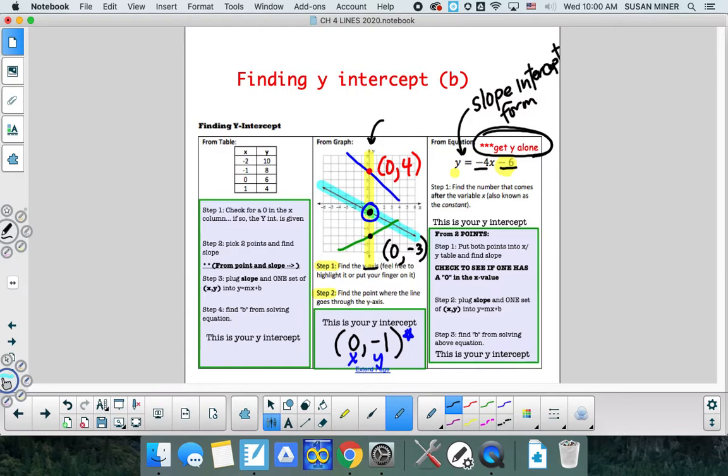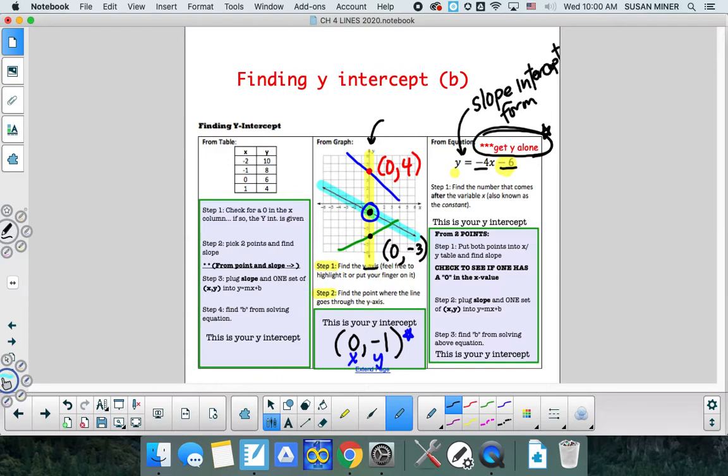So we're going to practice a couple of equations where we have to actually solve to get y alone. Make sure you highlight this or circle it in your notes so that you don't forget. The very first thing you always have to do is get y alone. Solve your equation so that y is by itself. We did that in Unit 2 when we were solving literal equations, when we had to solve the equation to get y alone.